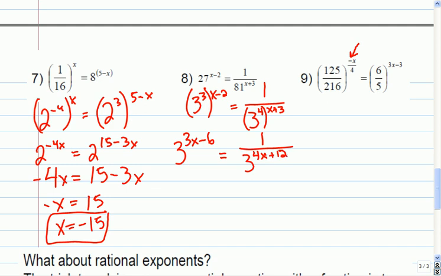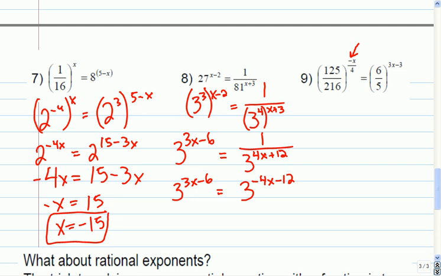So before I can drop the bases and just work with the exponents, I'm going to have to move this to the top. I do that by taking the negative. What's going to happen is that the exponent on the right side is going to become completely negative. And that's the same as flipping that fraction or taking its reciprocal.